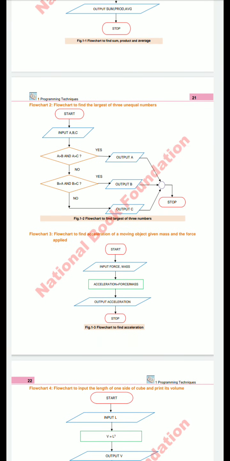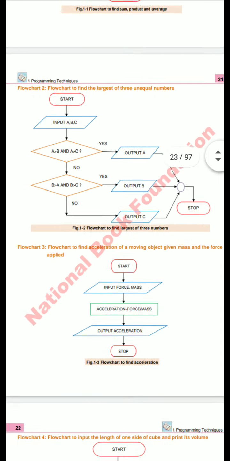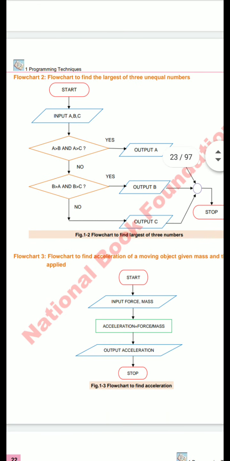Next, flowchart to find the larger of 3 unequal numbers. In this flowchart you are given 3 numbers as input, and you will check whether these numbers are greater or smaller or not equal.